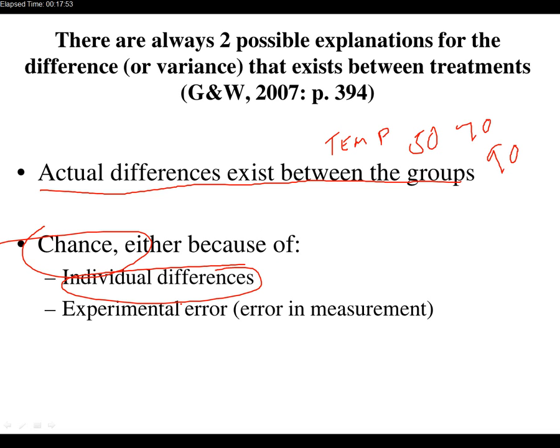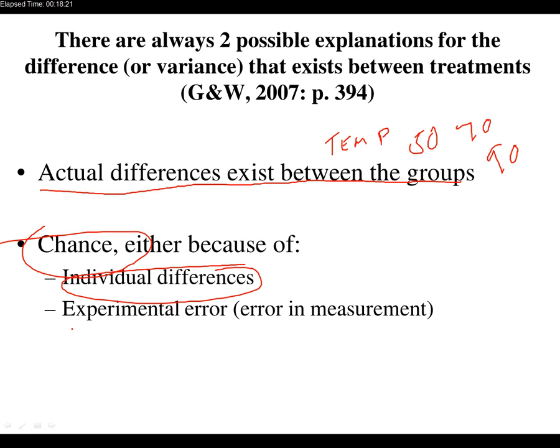Chance, either because of individual differences. So in that first group, there may have been smarter people than in group 3 or group 2, or younger people in group 1 and older people in group 2, or people that studied in group 3 and didn't in group 2 and 1. So that introduces other variables that aren't what we're measuring, because we're measuring temperature.